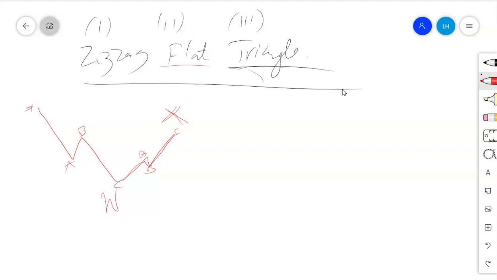The second corrective structure, according to what we need to see here, should be flat. Flat is something like A, then B, then finally C. Why do we name it flat? Because the distance traveled by wave B almost covers the whole distance traveled by wave A. That's why we name this flat.